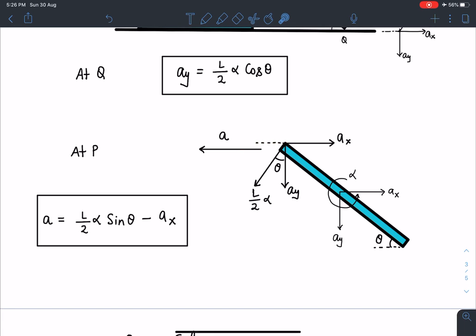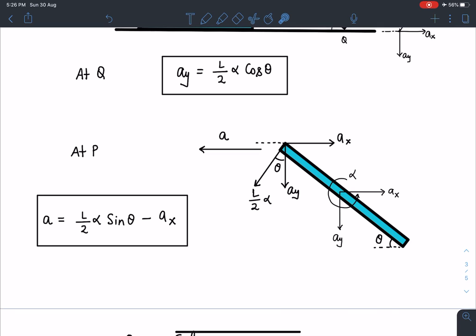So this is also called rigid body constraints. However, we should always apply the condition of constraint only on velocity. Acceleration may or may not be true, but since here we are dealing with just after release, omega has not developed, so I can definitely write it in terms of acceleration.